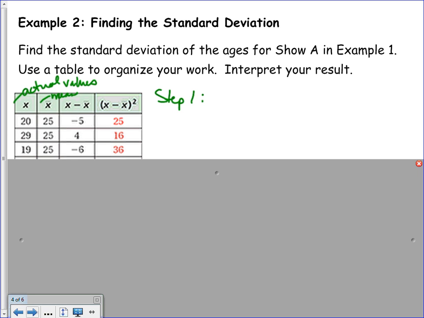And this table is already completed, but I'm going to write down the steps that we took to find that. Okay, so again, we find the mean, which we already found in example 1, and it was 25. Okay, so that's what the X with the little line over it is. And in step 2, we're finding the difference between each data value and the mean.